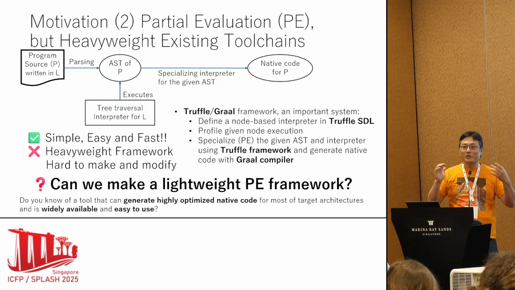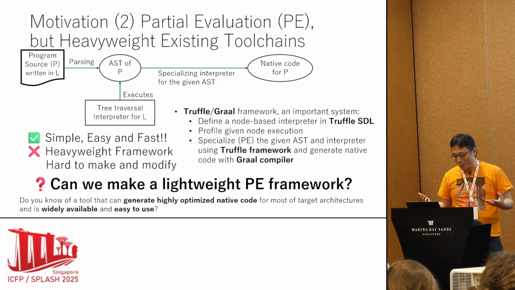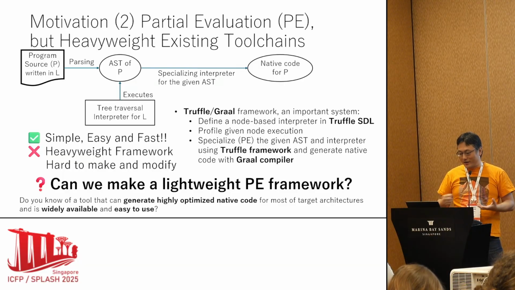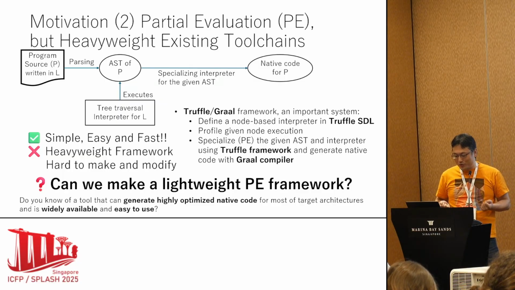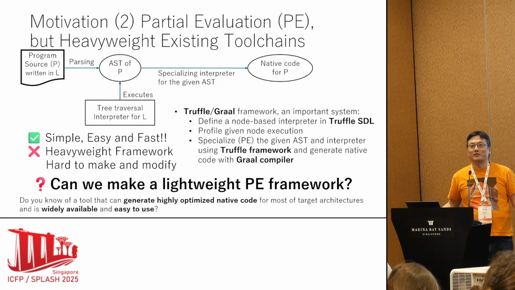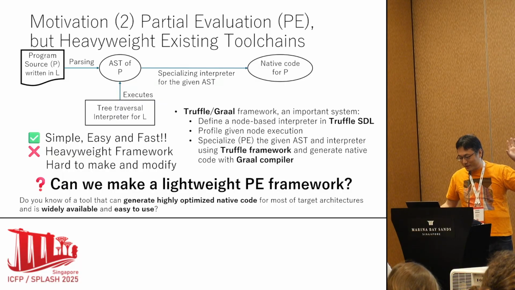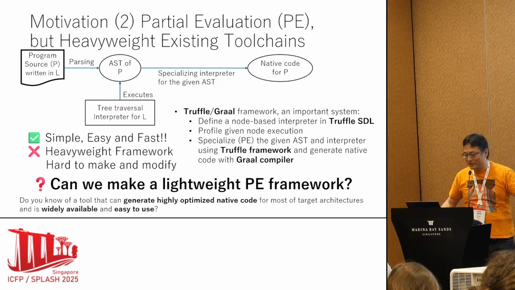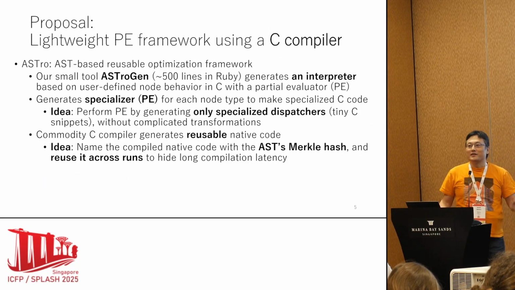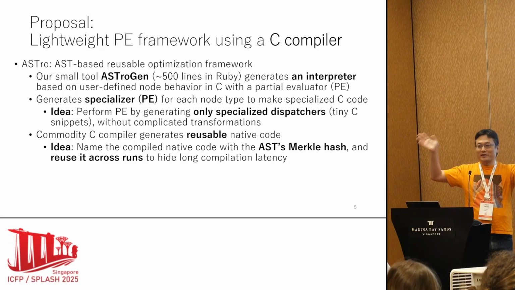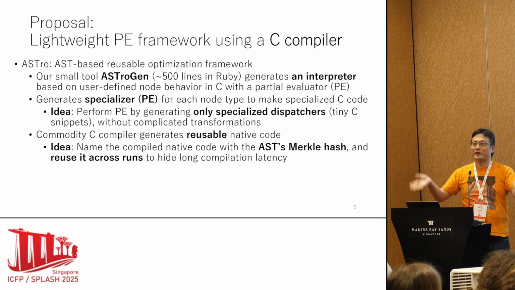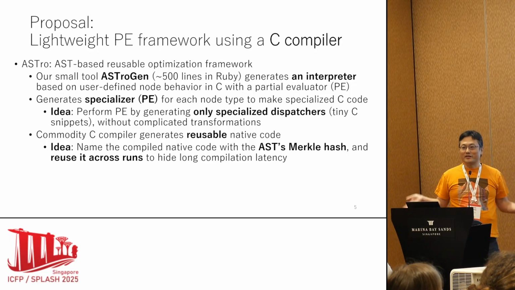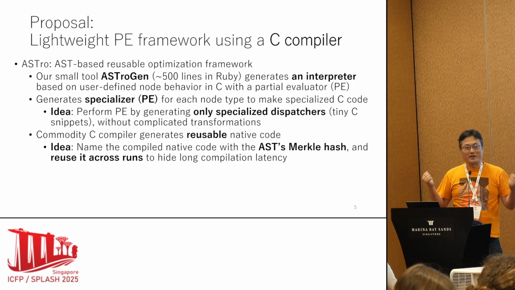We need a way to generate highly optimized code that is widely available, so everyone can use it, and it is easy to use. So the answer is, of course, the C compiler. In this room, I believe you can use the C compiler or the C language. It is very easy to use, maybe.